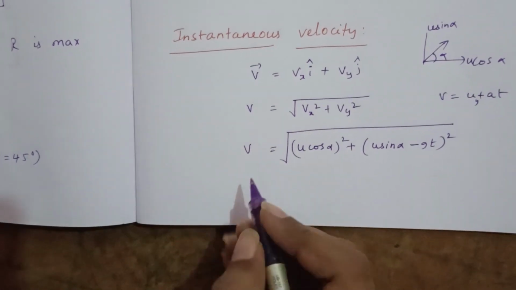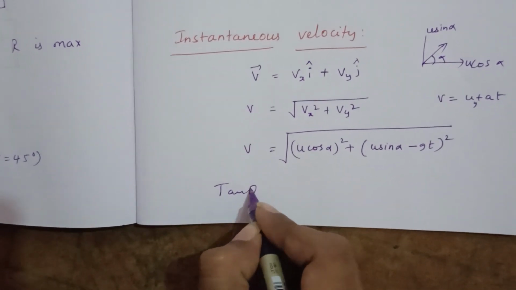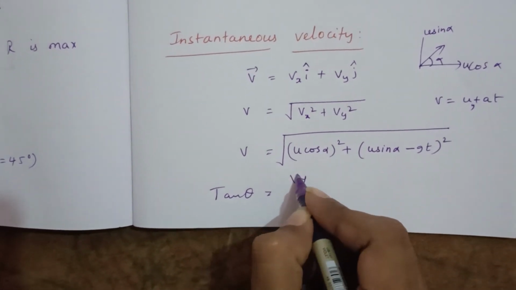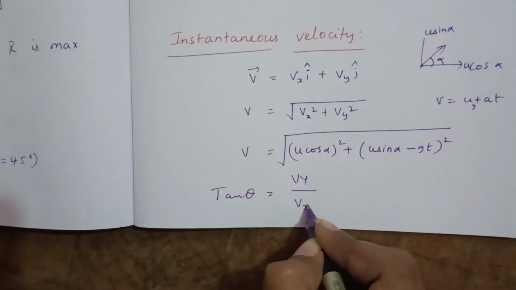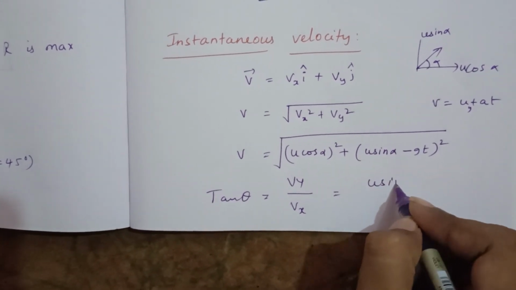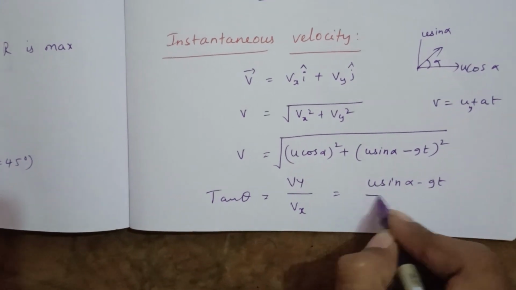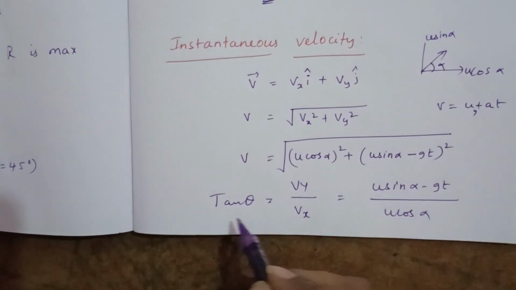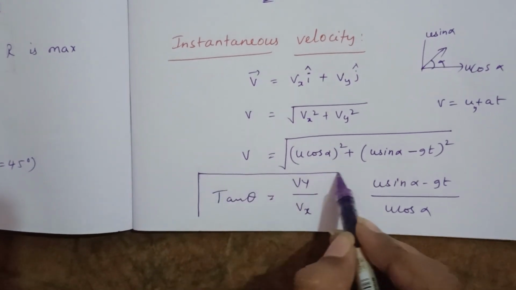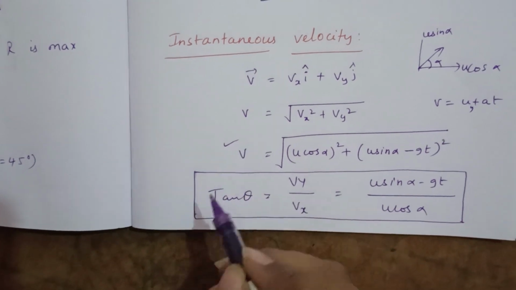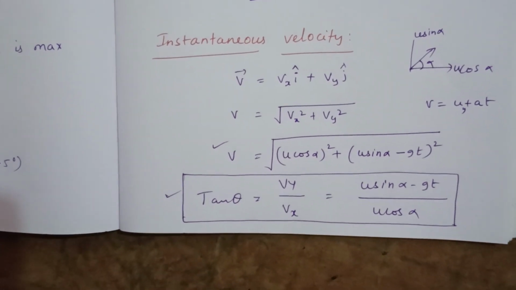Now what is its direction? Tan theta equals velocity along y by velocity along x, which equals (u sin alpha minus g t) by u cos alpha. It is the magnitude and it is the direction.